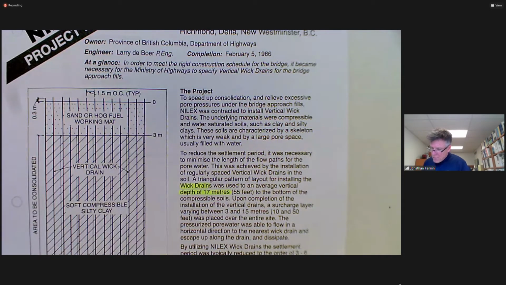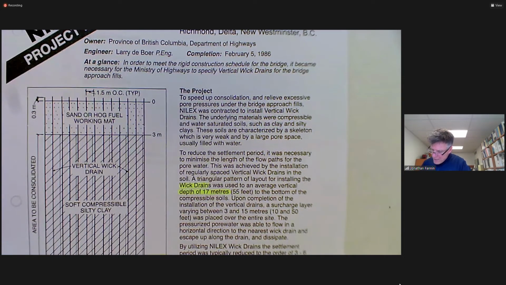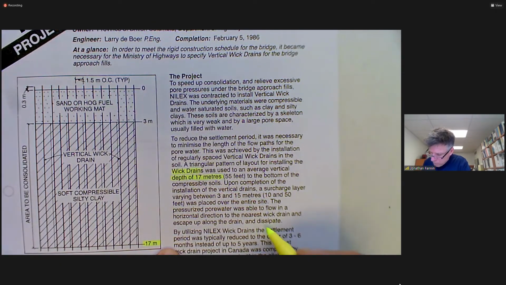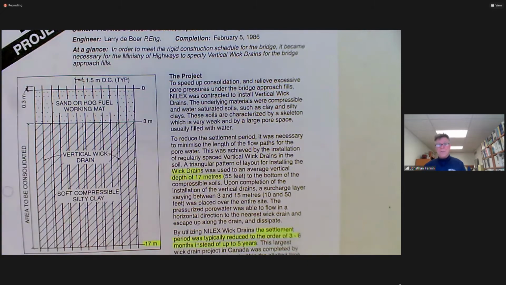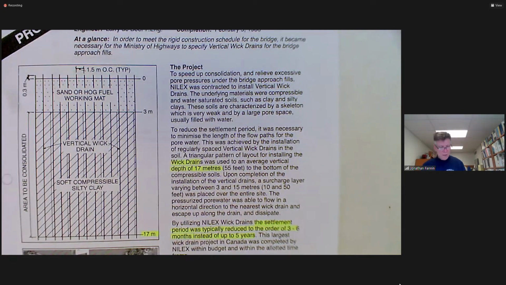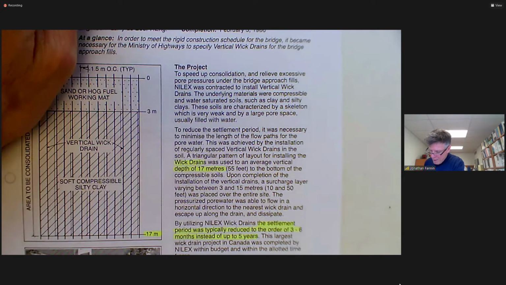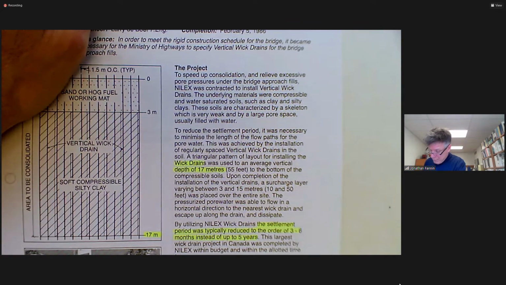As a consequence of that, the settlement period was reduced to months instead of years. And that was the argument for installing the wick drains. And the quantity was huge.